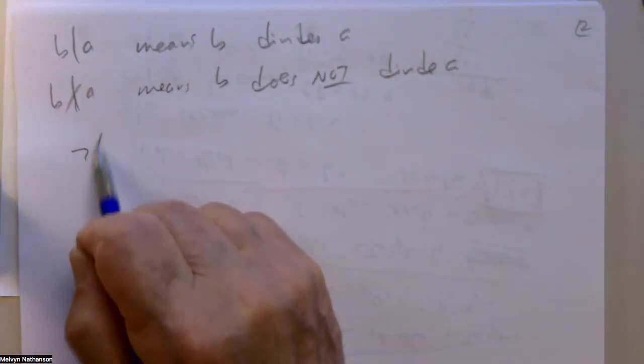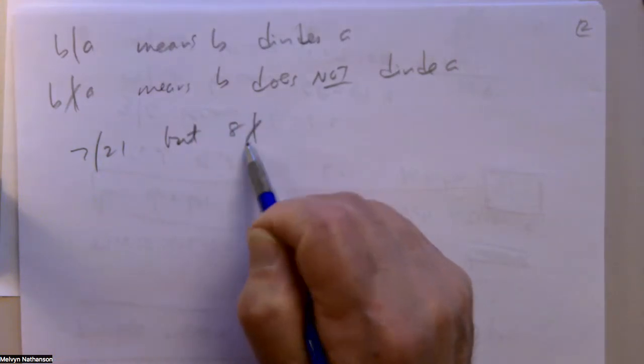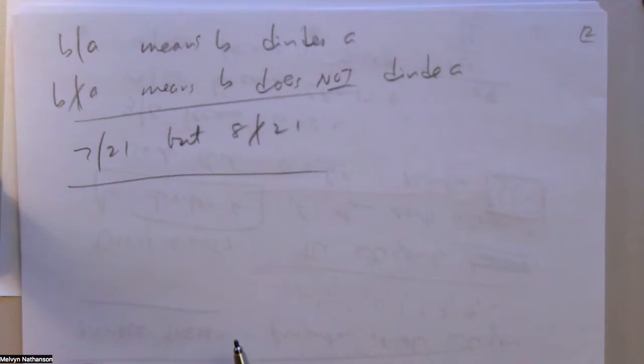So for example, 7 divides 21, but 8 does not divide 21. So this is the basic notation, and it's really very fundamental.